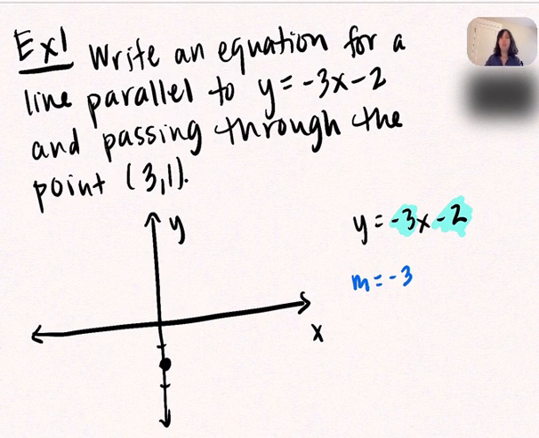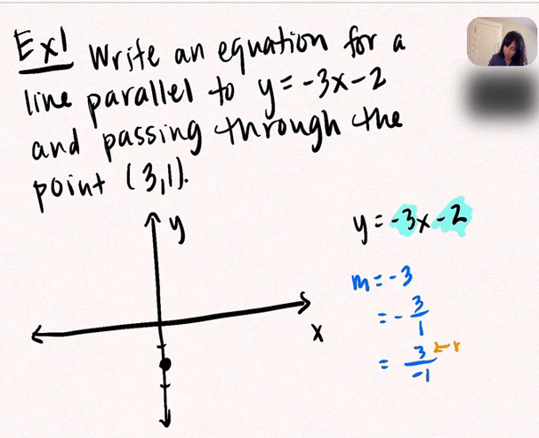Now it's useful to write this negative 3 as a fraction, so I'm going to write it as negative 3 over 1, and then put the negative sign either on the top or the bottom in order to plot another point on this graph by using the slope. So I'm going to put it on the bottom, although you could put it on the top. And so if the number on the top is 3, that's our rise, and it's positive, so we're going to go up.